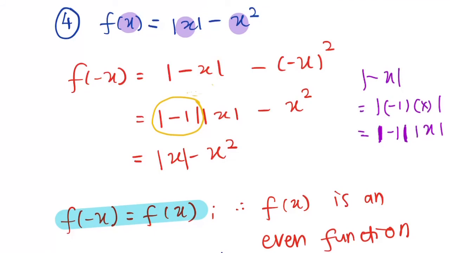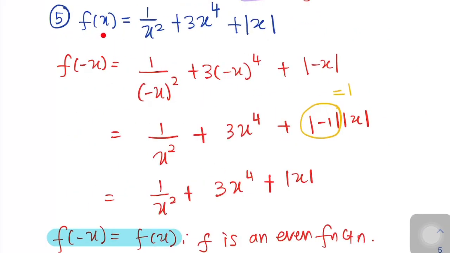This is just equal to 1. And what is modulus x? We just leave it as modulus x. And (-x) squared is just x squared. So let's conclude our answer. We have modulus x minus x squared. Is this f(x)? Yes, this is the same as f(x). Therefore, since f(-x) is equal to f(x), f(x) is an even function.